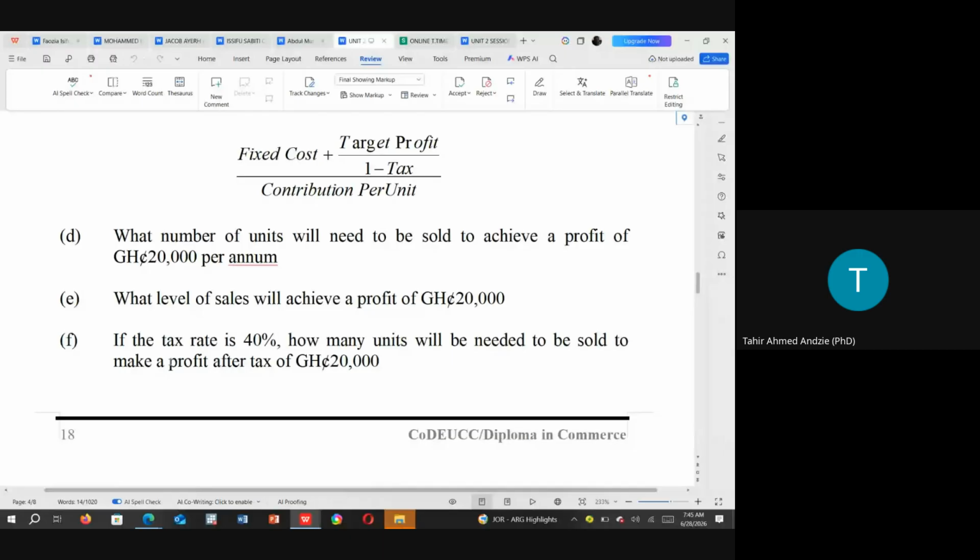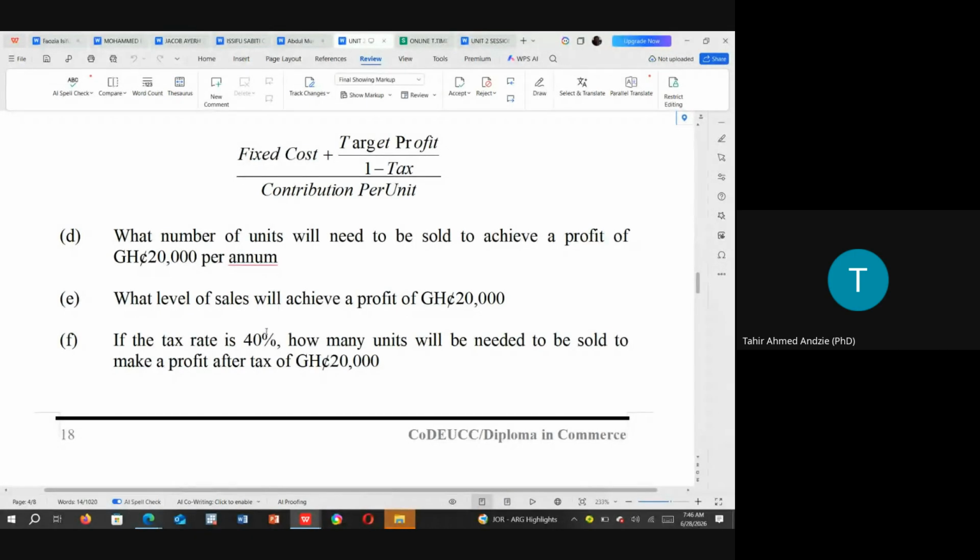And then the F says if the tax rate is 40%, how many units will be needed to be sold to make a profit after tax of 20,000? So in that case, we are looking at a profit after tax. So the formula becomes fixed cost plus the target profit.